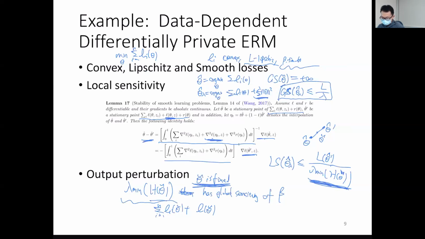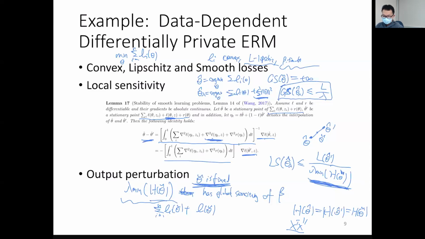But for specific cases such as differentially private linear regression, the Hessian matrix of theta hat is equal to the Hessian matrix of theta hat prime, which is equal to the Hessian matrix of theta tilde, and all of them are just equal to this matrix X transpose X. So in this case, we can directly release the smallest eigenvalue of the unnormalized covariance matrix, and that gives us a fully adaptive algorithm that can adapt to the well-behavedness of the data set itself.